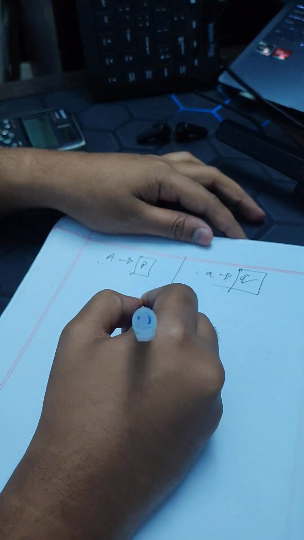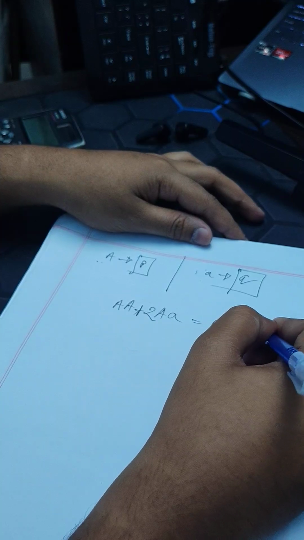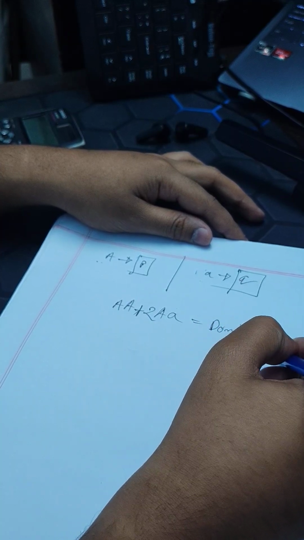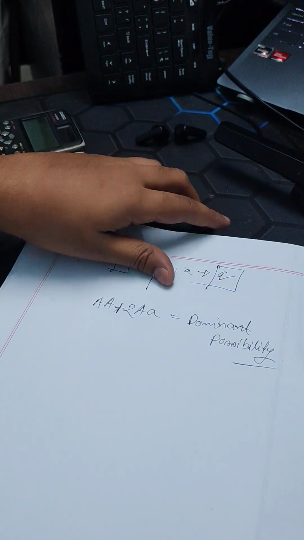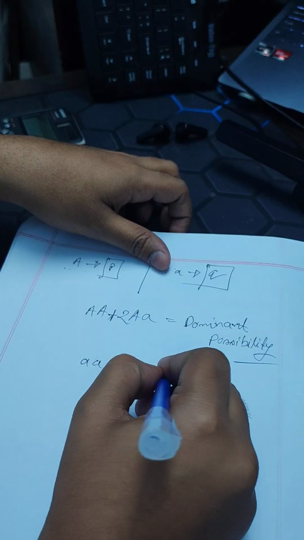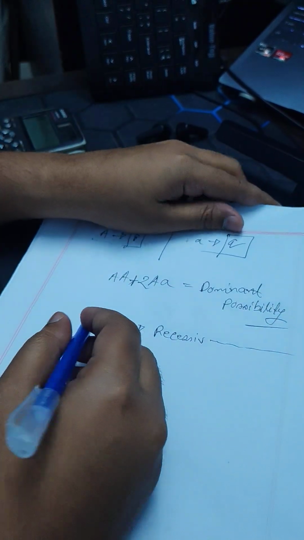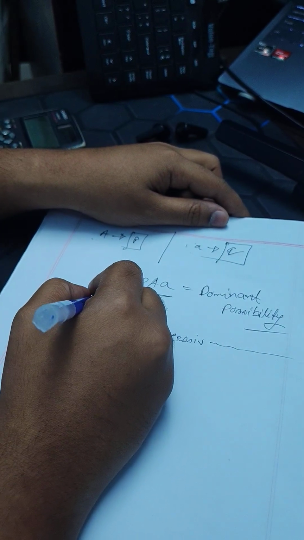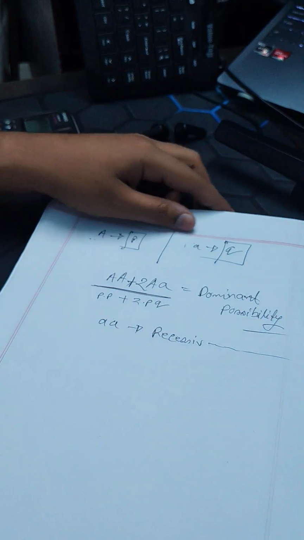So AA plus 2Aa is equal to the dominant possibility, right? Okay. And aa will be the recessive possibility. So what will be this one? AA will be P into P plus 2 into P into Q, right?